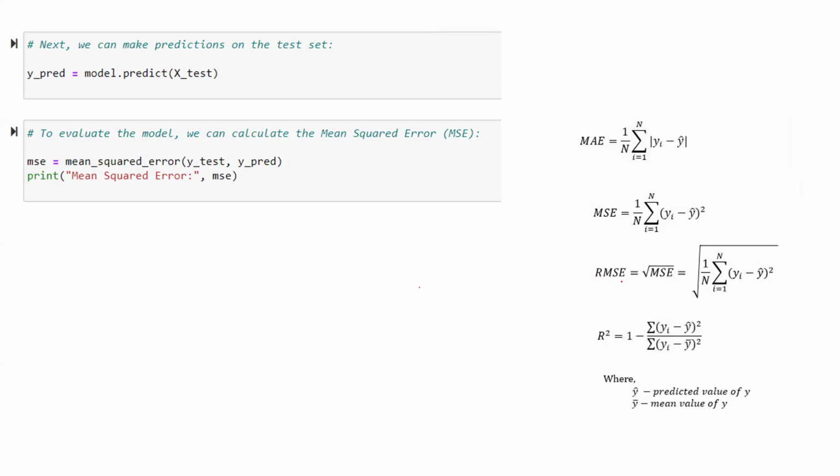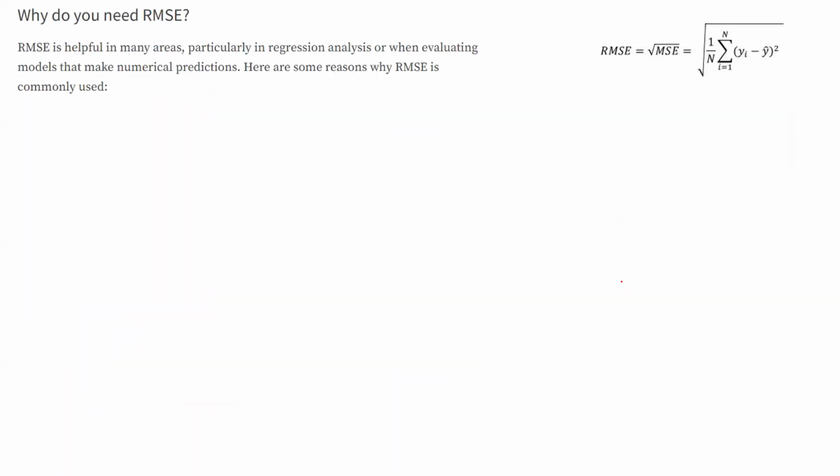And we talked about R squared as well. But let's delve into the basics of RMSE. RMSE is helpful in many areas, particularly in regression analysis or when evaluating models that make numerical predictions. Here are some reasons why it's commonly used.